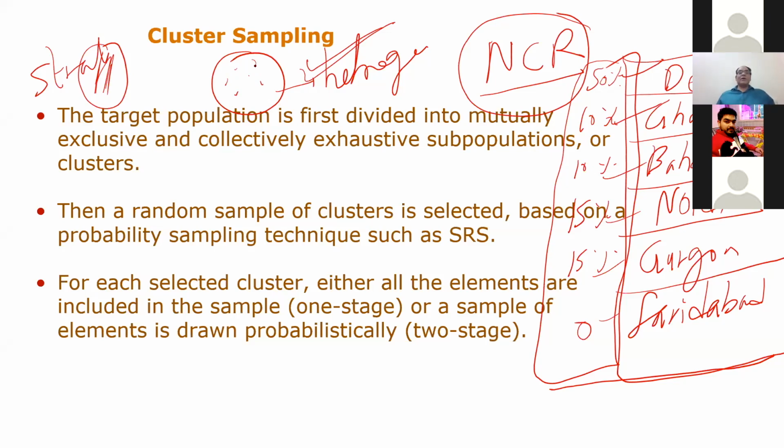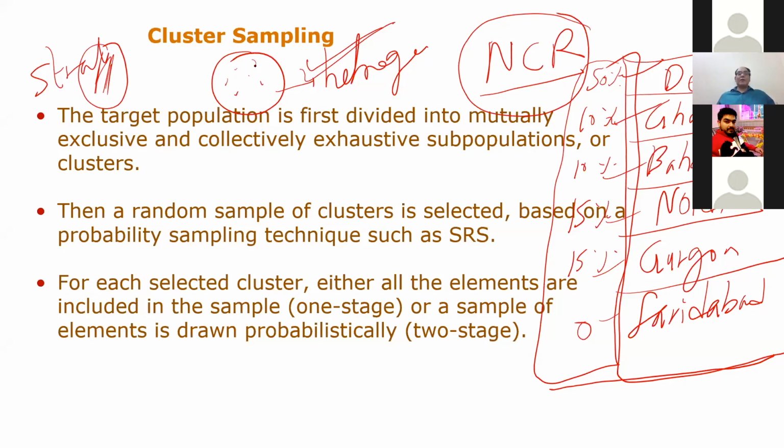So this is called cluster sampling. It is also known as area sampling or geographical sampling. In some books they call it area sampling, but the standard name is cluster sampling. Cluster sampling is based on the area, and stratified sampling is based on a homogeneous subset.